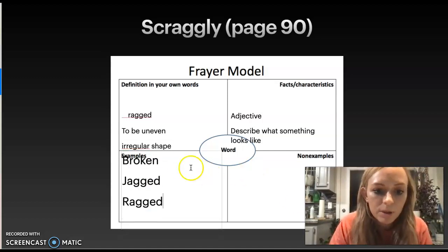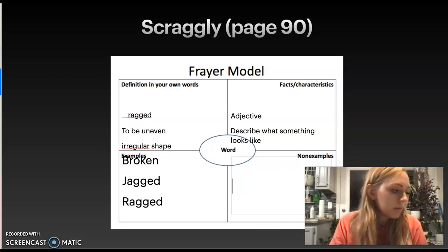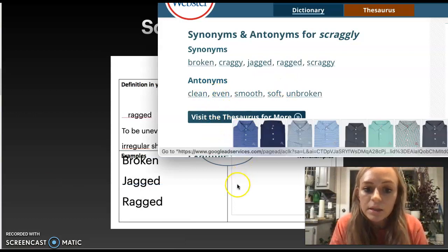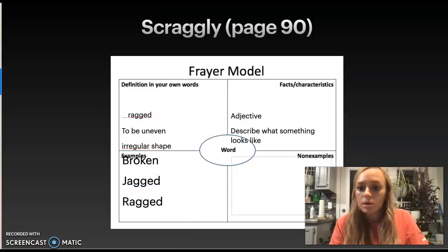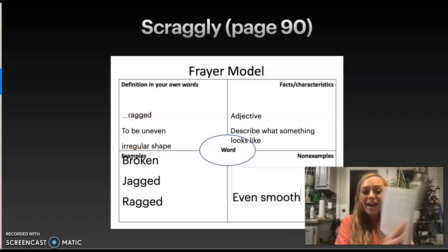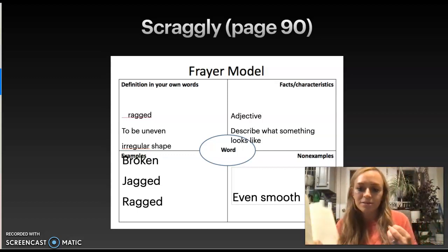So you can come up with a whole bunch of examples for that. And some non-examples could easily include clean, even, smooth. So as we look back at the book, we can see where it says underneath a scraggly tree.